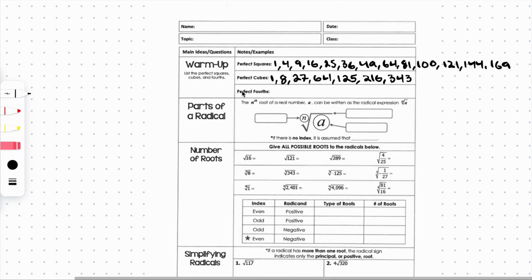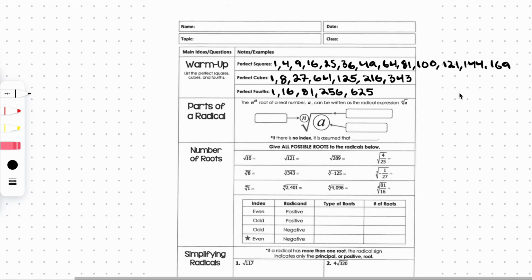So we do 1 times 1 times 1 times 1 is 1. 2 times 2 times 2 times 2, 16. 3 times 3 times 3 times 3 is going to be 81. 4 to the fourth is going to be 256. 5 to the fourth is going to be 625. And that's probably a good place to stop.